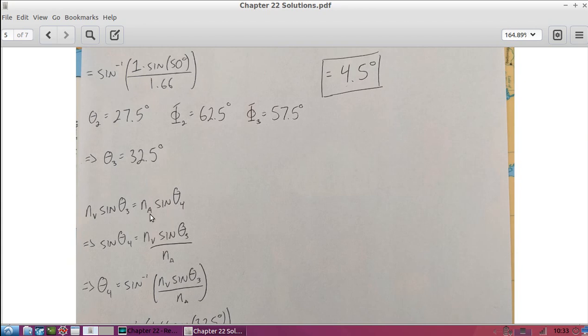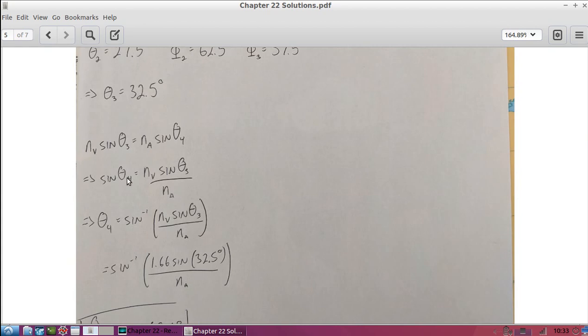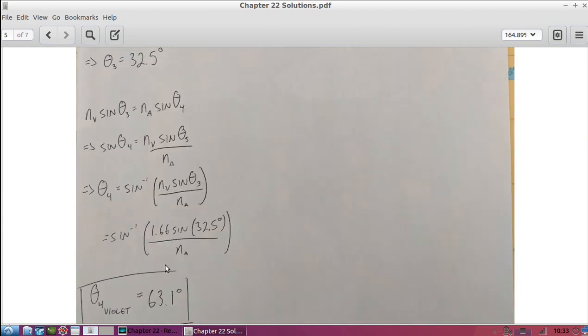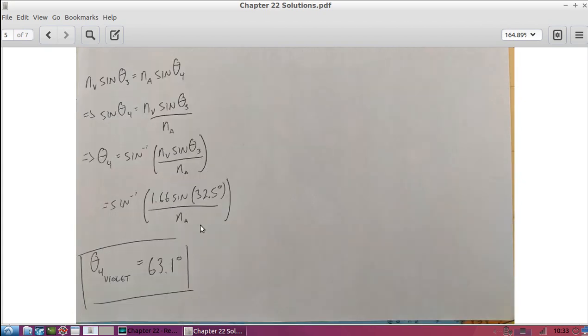Again, the algebra is the same, except we're dividing both sides by n sub a. Take the inverse sine of both sides to get theta 4 by itself. Plug in our values. That's 1, I forgot to plug that in, sorry, but that's the index of refraction for air. So 1.66 times the sine of theta 3, my new incident angle, and I get 63.1.